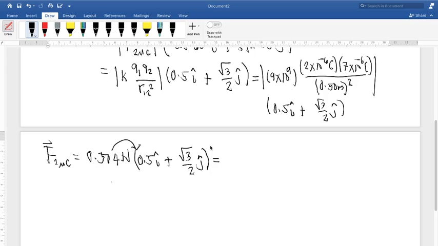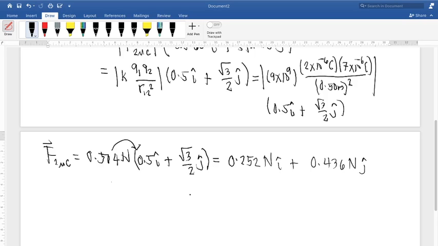So 0.504 times 0.5 is equal to 0.252 Newton i hat plus this one 0.504 times square root of 3 over 2, which is equal to 0.436 Newton approximately j hat.